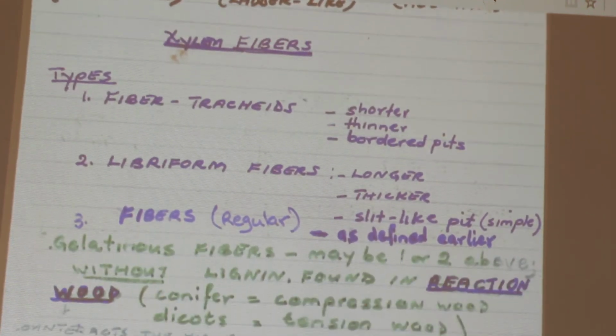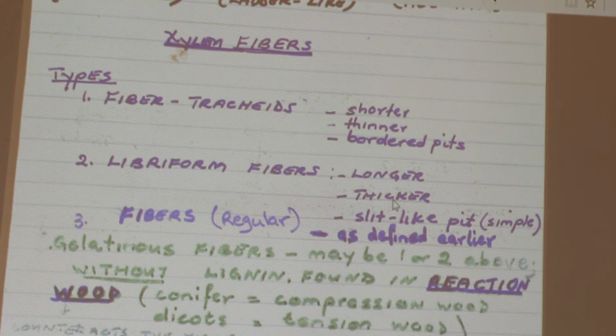Then we are looking at fibers. We said fibers are for strengthening, they are for support. There are fiber tracheids and libriform fibers. Now you can't say this is a fiber tracheid or a libriform fiber. It is a relative term that, given a lot of tracheary elements, those that are shorter and thinner with bordered pits are fiber tracheids.